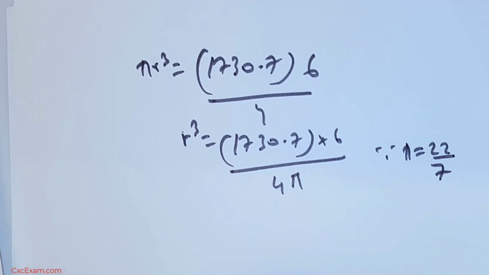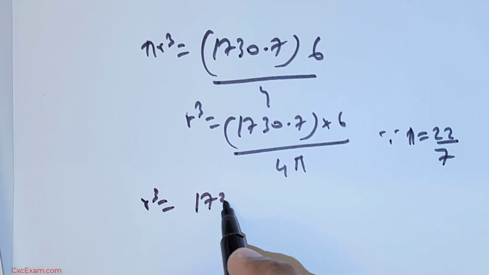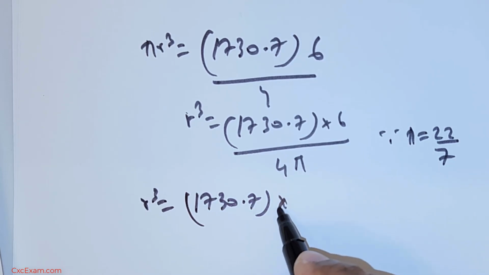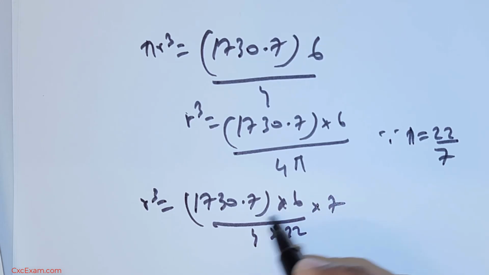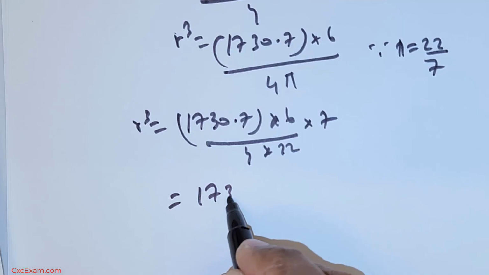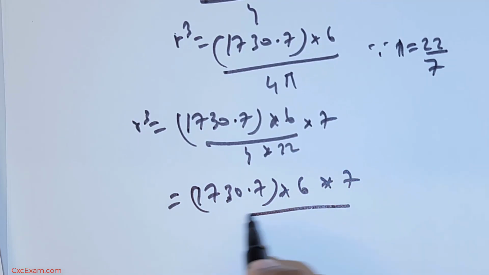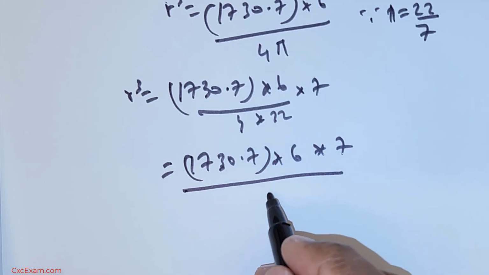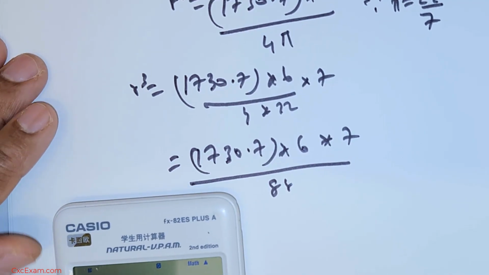I hope you're following. So r cubed is equal to 1730.7 multiplied by 6 divided by 4 times 22 over 7. I can rewrite the 7 in the numerator, so you have 1730.7 multiplied by 6 multiplied by 7 divided by 4 times 22, which is 88. So you have to use the calculator here.